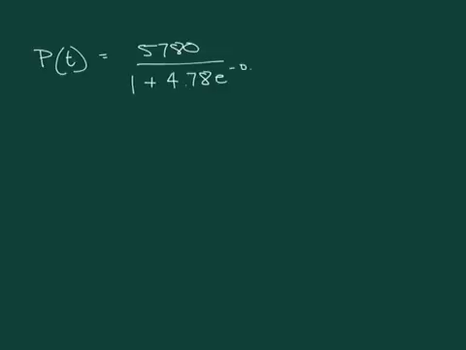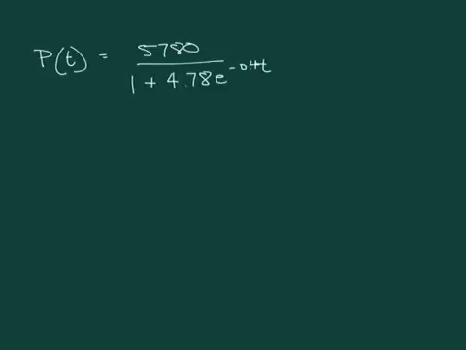So the population gets closer and closer to this limiting value, but never reaches it. The population of the island after time t in years is given by the function P of t equals 5,780 over 1 plus 4.78 e to the negative 0.4t.